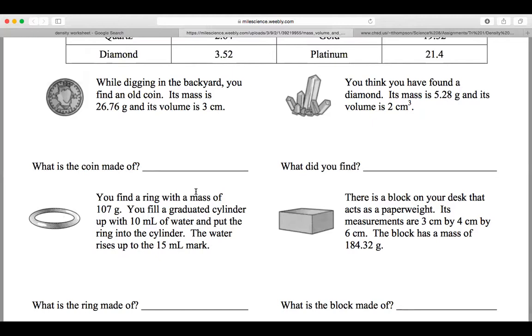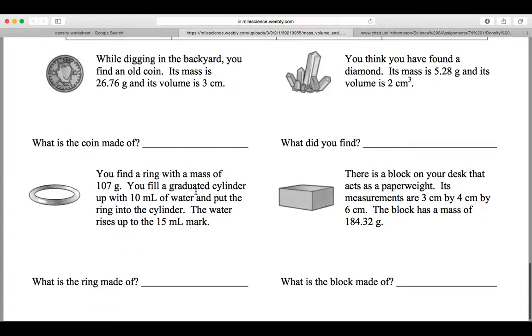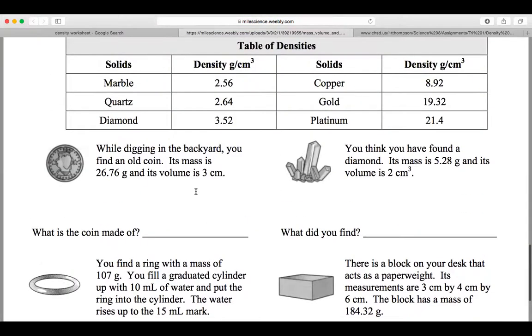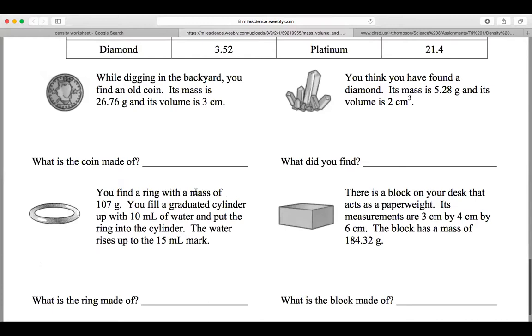I have a mass of 107. So what will my density be? 21.4. Correct. So what material is it? Platinum. Correct.